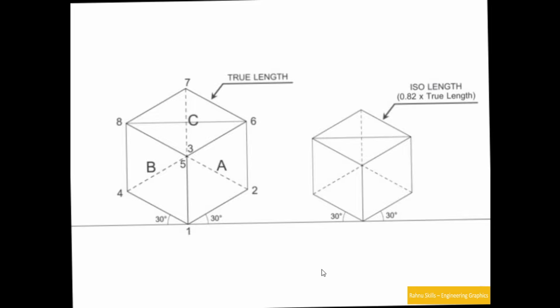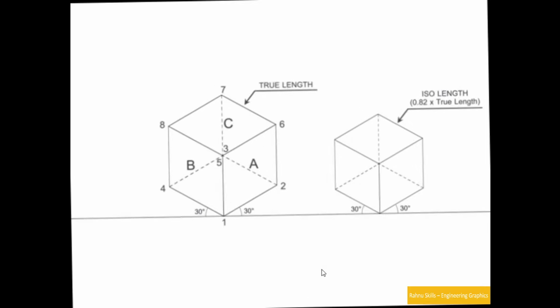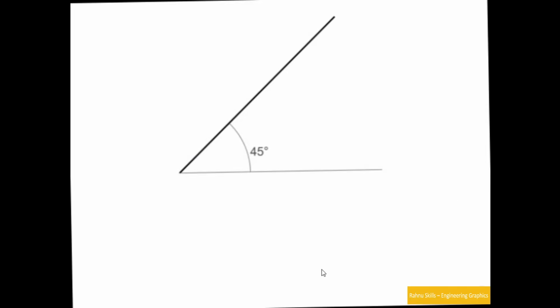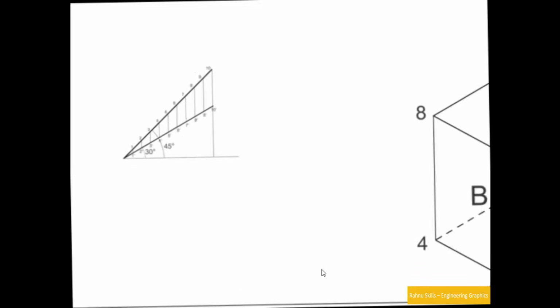Now to make the isometric scale, I have told you in the earlier part of this video, we have to take one angle 45, one angle 30 with the ground line. So what is the actual meaning of that for isometric scale? The first diagram is showing you the true length. So we take this true length, it is 45 degree. On the 45 we make the true length, but at 30 degree this is giving us the reduced length.